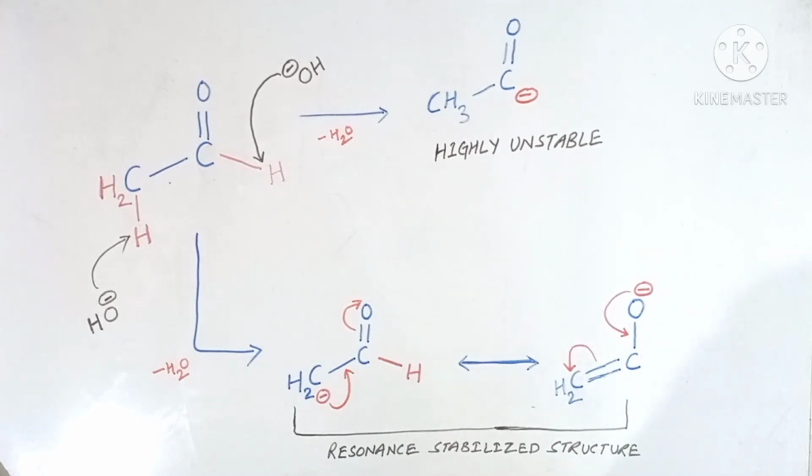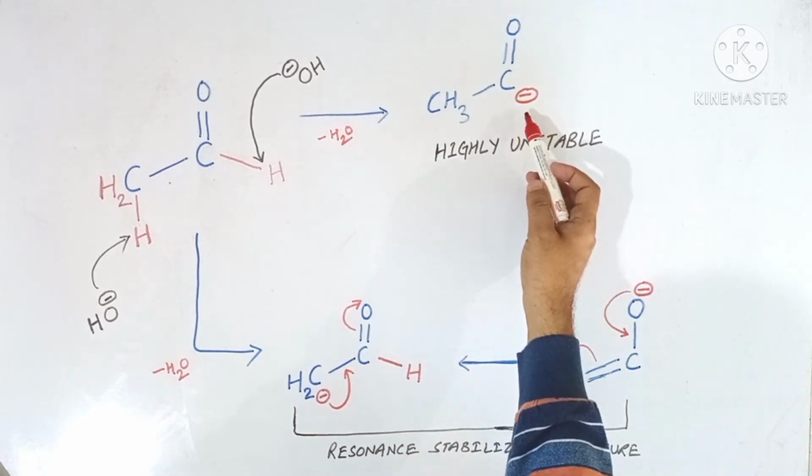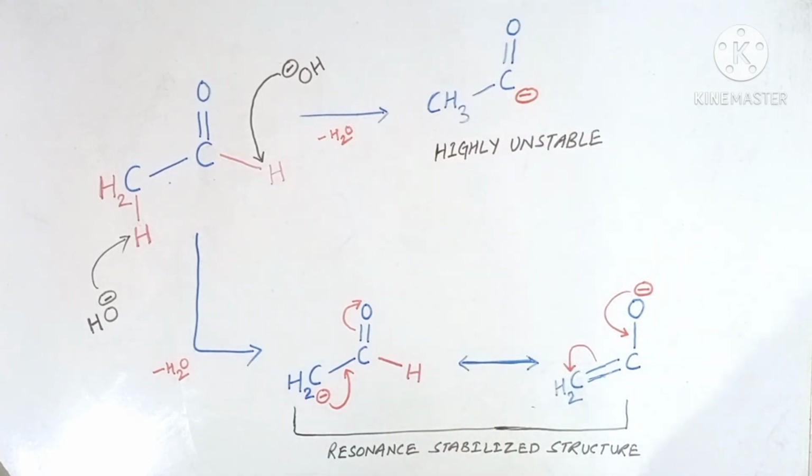But can you imagine, does carbon here have the ability to stabilize this negative charge? No, not at all. Why? Because carbon is not electronegative enough to retain electrons or a negative charge on its atom alone.